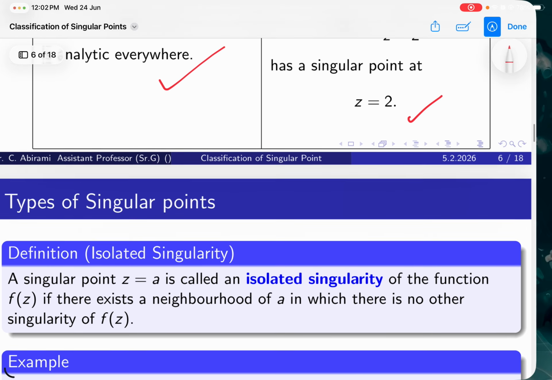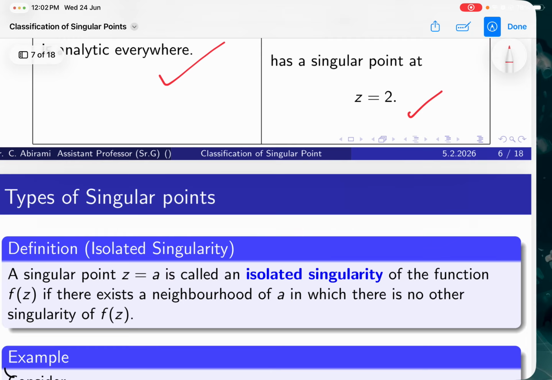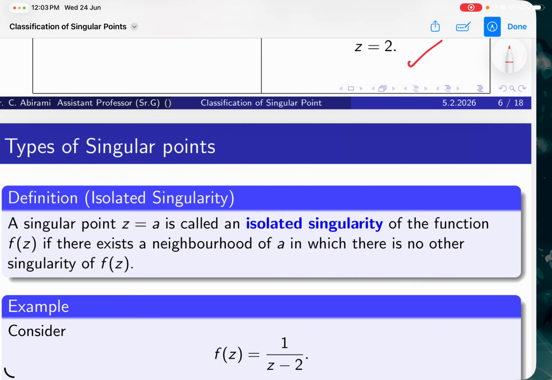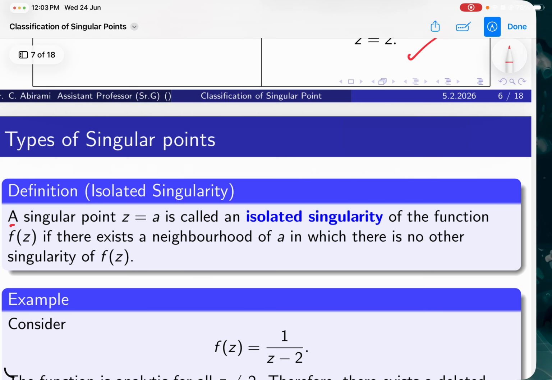Next we talk about types of singular points. Before that, I am going to discuss isolated and non-isolated singularities. We have two different types of singular points, isolated and non-isolated. So what do we mean by isolated? A singular point z equal to a is called an isolated singularity of the function f of z if there exists a neighborhood of a in which there is no other singularity of f of z.